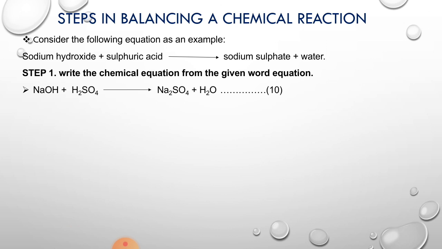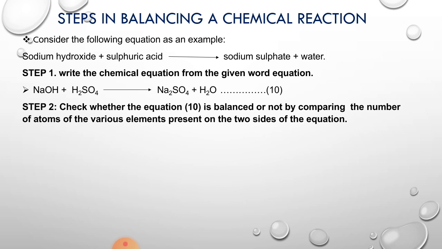So the first step is to write the equation in chemical formulas, which will give us a chemical equation. So what is sodium hydroxide? That is NaOH, plus sulfuric acid, which means H2SO4, will give sodium sulfate, that means Na2SO4, plus water, H2O. So this is equation number 10. We have written the reaction in chemical equation form.